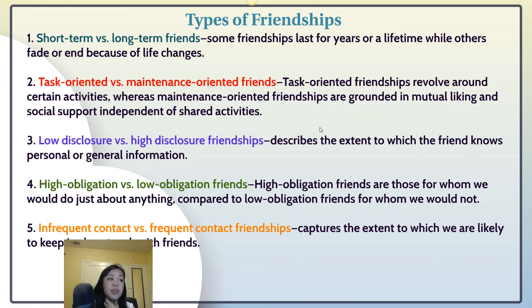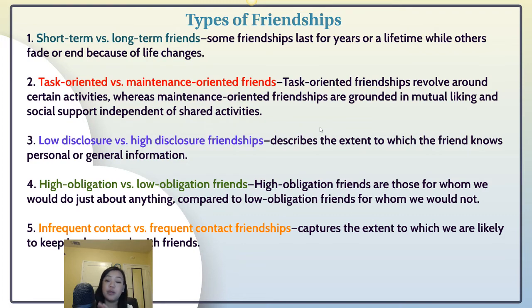And so it's important to recognize that as well, because it impacts how you communicate with them. Of course, you communicate very differently with your high obligation friends and your low obligation friends. If, for example, you get into a conflict with your high obligation friend, you are probably more likely to communicate in a way where you want to patch things up and improve things, whereas with your low obligation friend, that might not be the case.